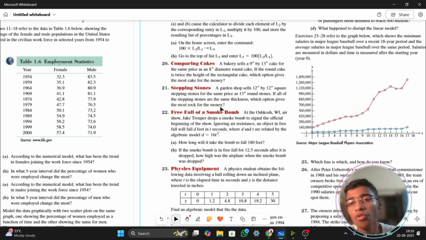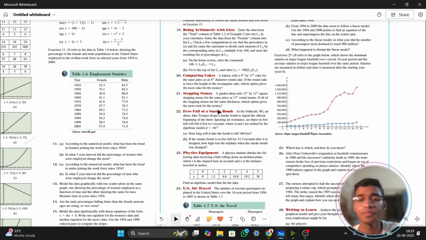So in place of r, you will use 13. 13 squared is 169, and 169 into the value of pi. So you will get the answer for which would be the best option for the same amount of money. This we had already done in the previous class.